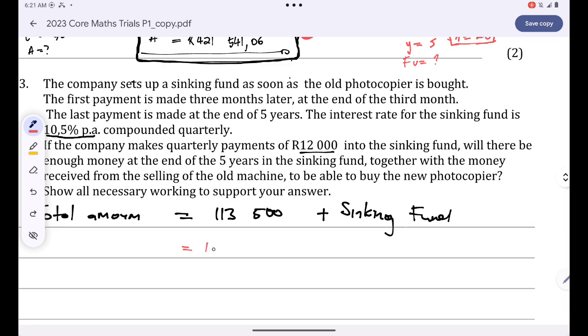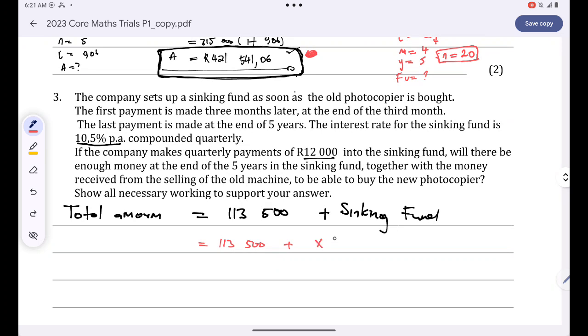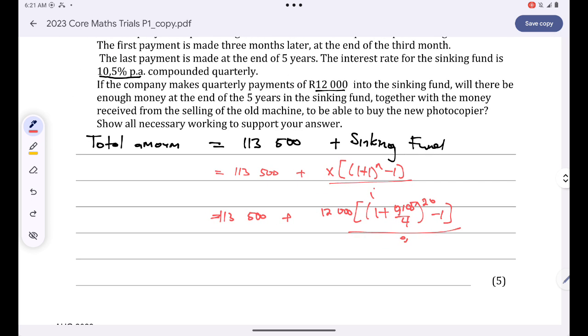Okay, I still have 113,500 plus the sinking fund. Remember that, guys, sinking fund is a future value, right? So I'll simply say X multiplied by 1 plus I to the power N minus 1 all over I. That's just 113,500 plus 12,000 rands multiplied by 1 plus 0.105 all over 4 to the power 20 minus 1 all over 0.105 all over 4.